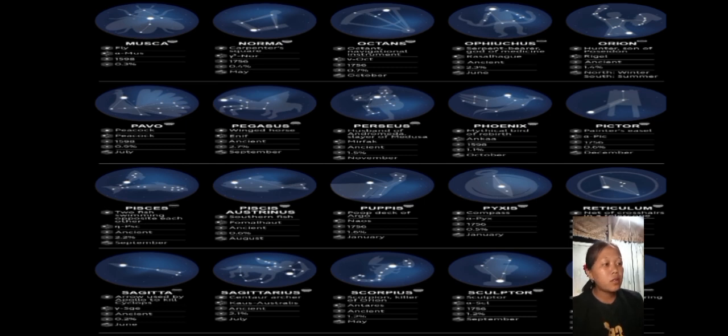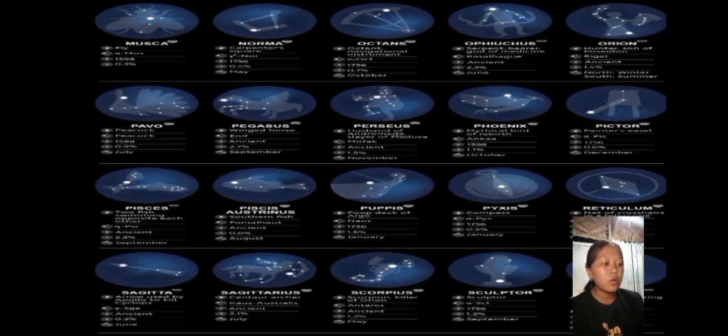Pisces, two fish swimming opposite to each other. Pisces Austrinus, the southern fish. Puppis, the poop deck of Argo. And then Pyxis, compass. Reticulum, the net of crosshairs in a telescope.